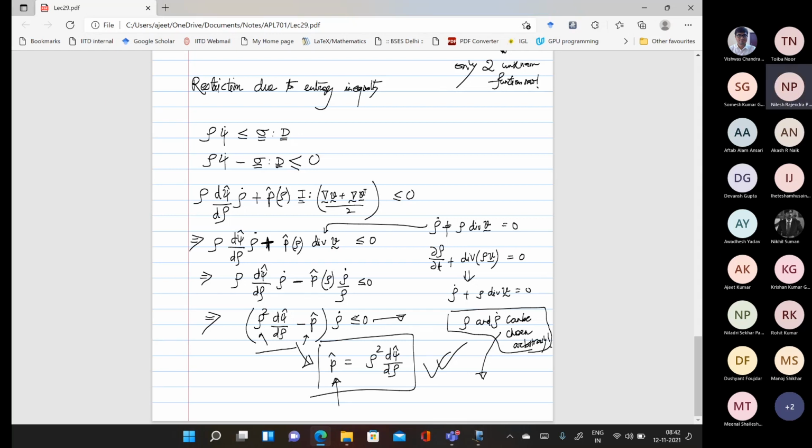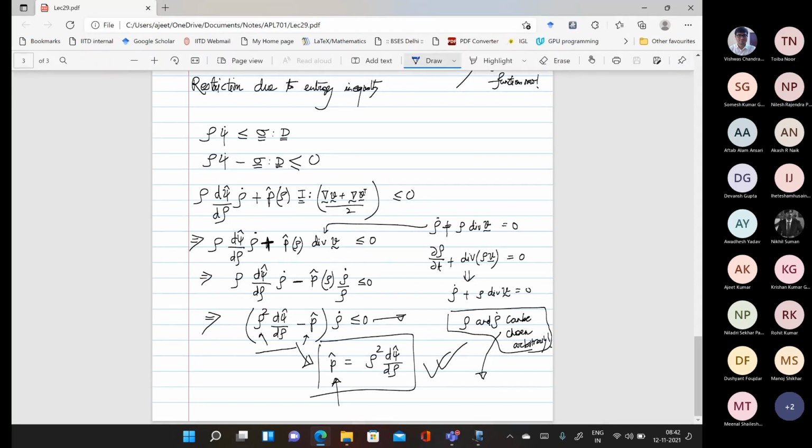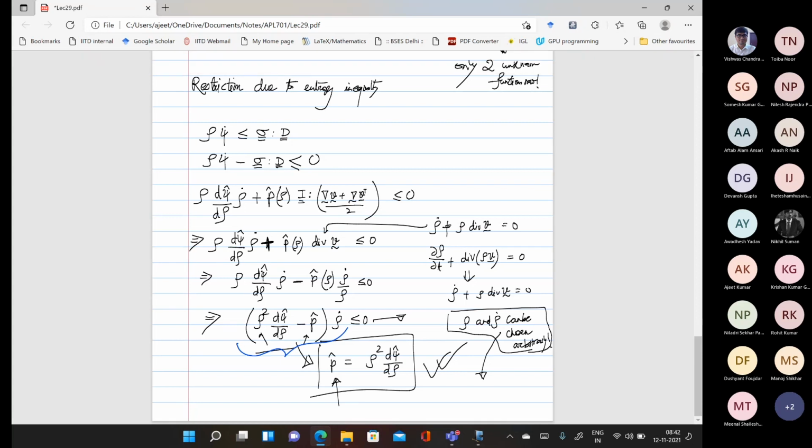Oh, see, this inequality is for the whole thing. And rho dot is arbitrary. It can be plus as well as minus. But this inequality has to hold for all thermodynamic processes where rho dot can be plus as well as minus. It should always be less than or equal to 0.